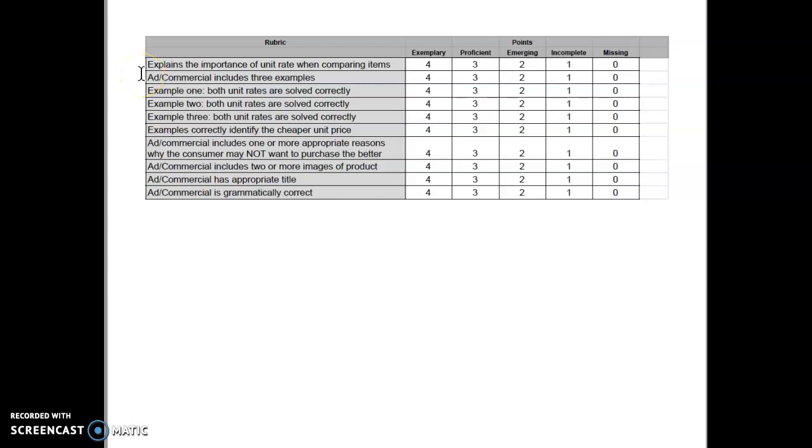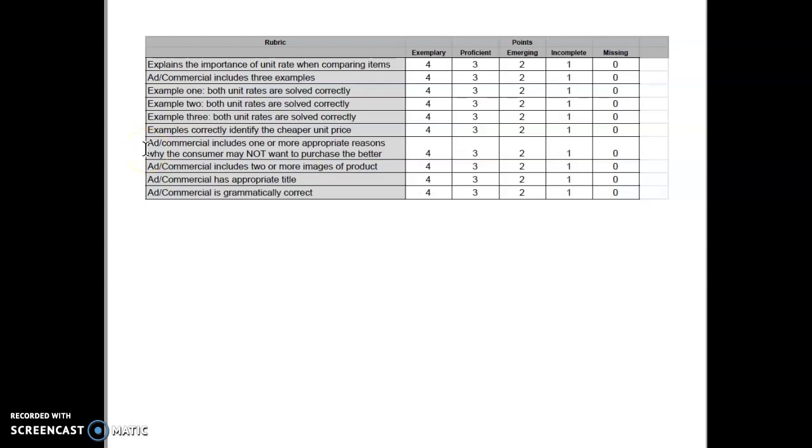Number 2, ad or commercial includes 3 examples. Example 1, both unit rates are solved correctly. Example 2, both unit rates are solved correctly. Example 3, both unit rates are solved correctly. Examples correctly identified the cheaper unit price.